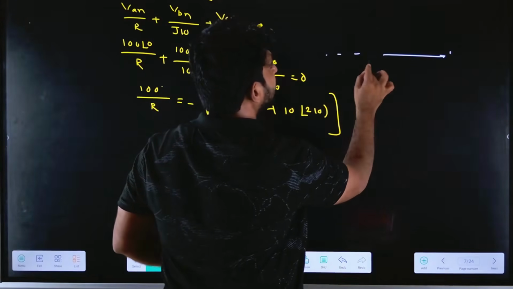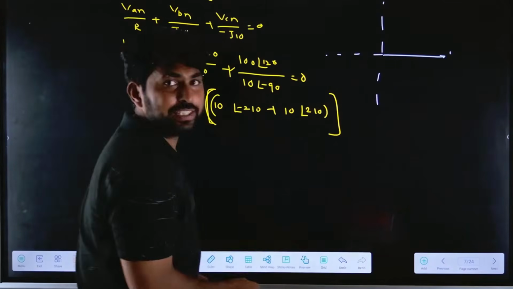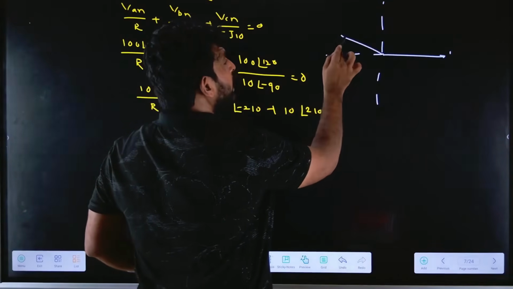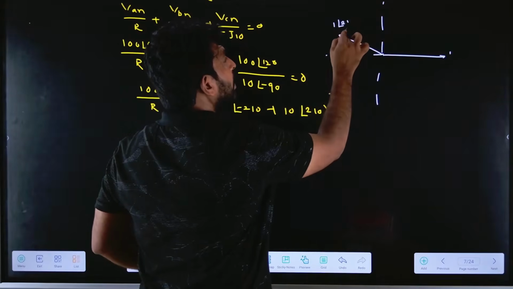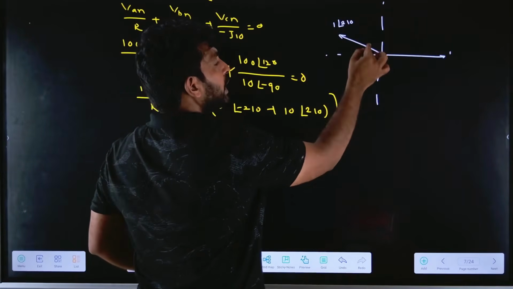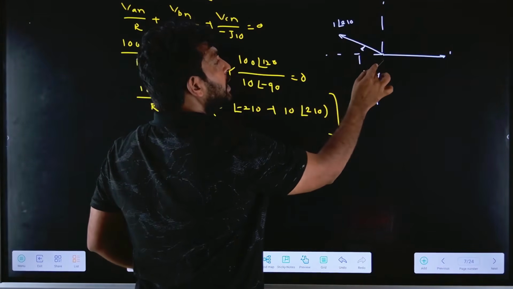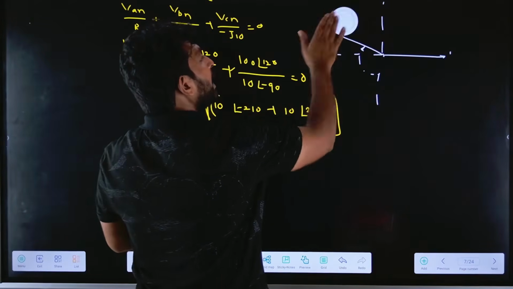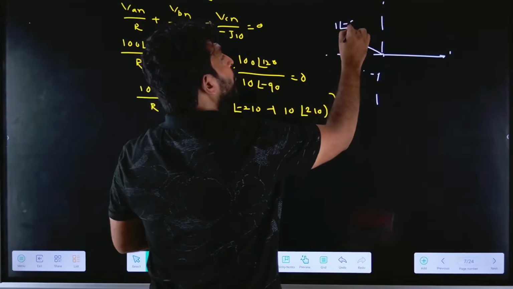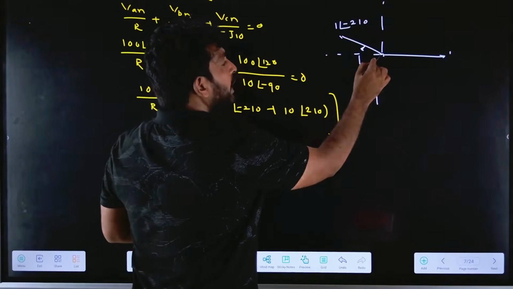For example, if the axis is like this, where is 210? It is 180 plus 30.